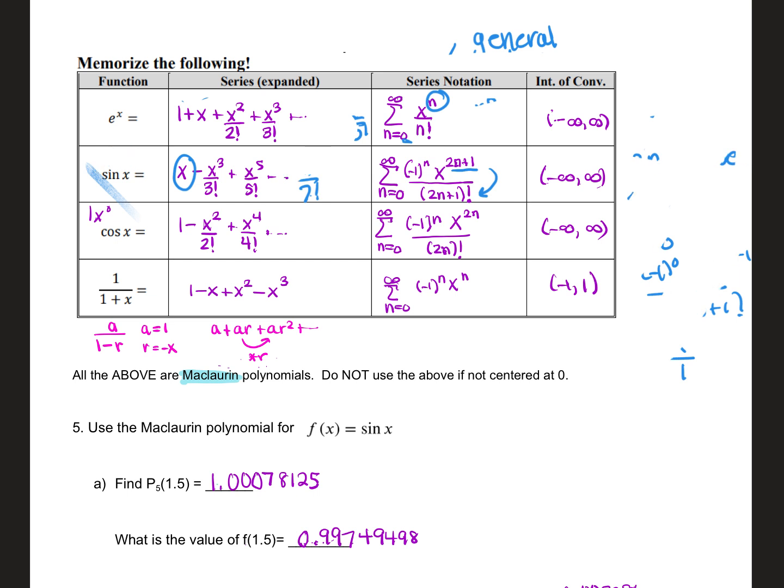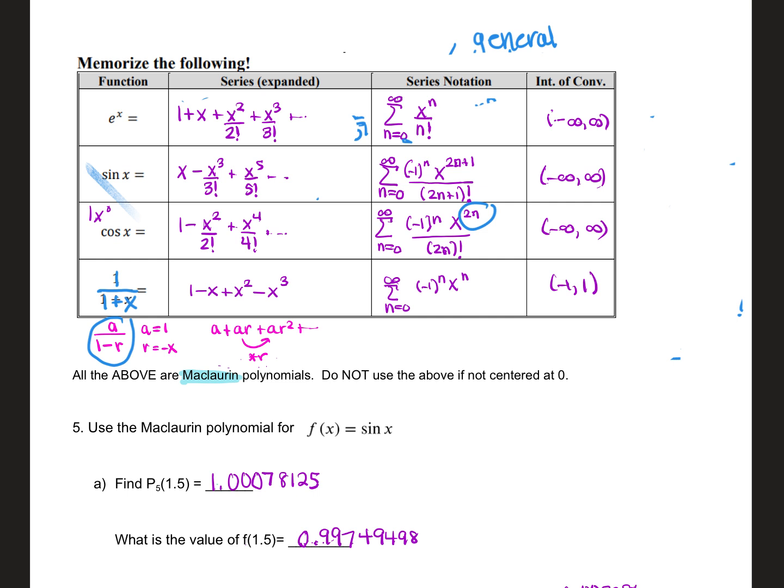You can do the same thing with cosine. It's the evens. So as we go through, you can notice that you're only going to keep the evens, so negative 1 to the n, x to the 2n over 2n factorial. And the last one is a different kind of build. It's the geometric model. So when you look at this, you're going to think it looks slightly geometric because this is a geometric sum right here. So we know that our first term is going to be 1.